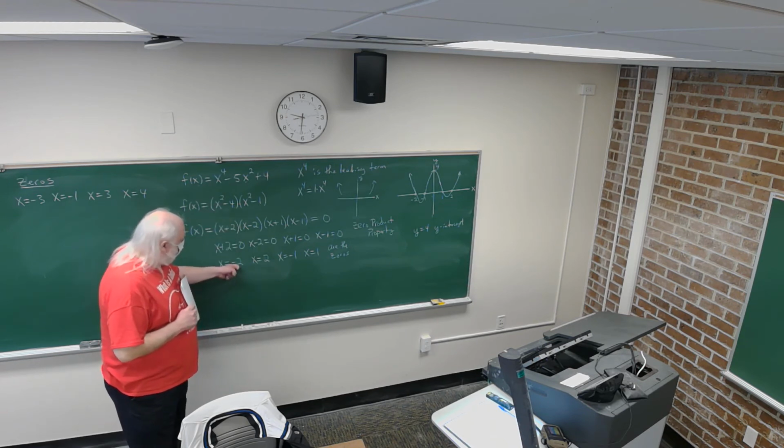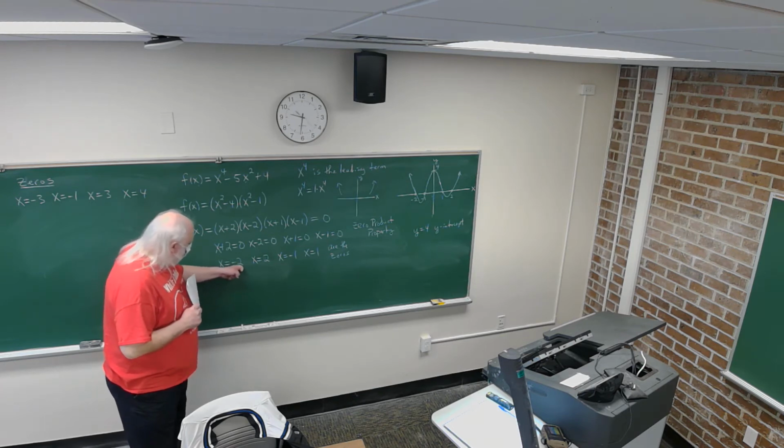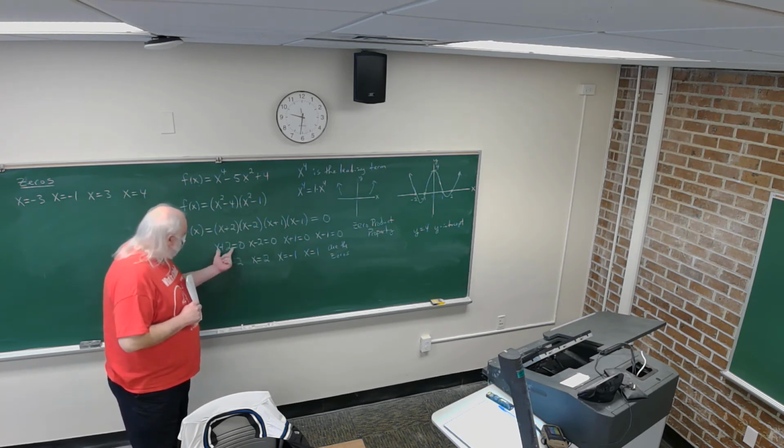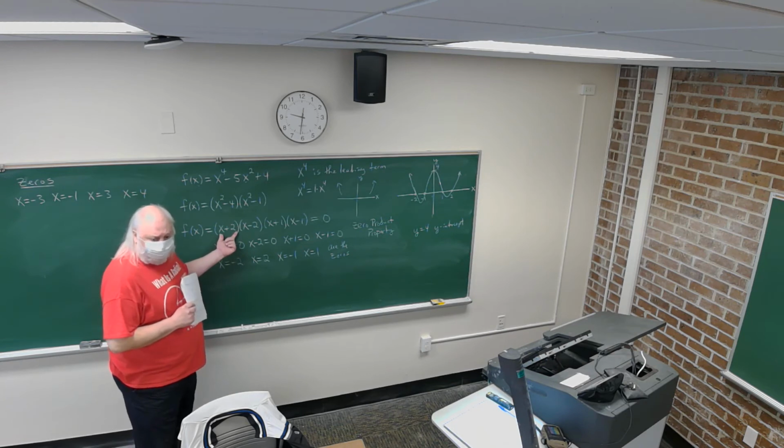So if these are the zeros, then to get the factors, we just move the number on the right-hand side to the left-hand side by addition or subtraction, make it equal to 0, and then what's on the left-hand side is a factor of the polynomial function.